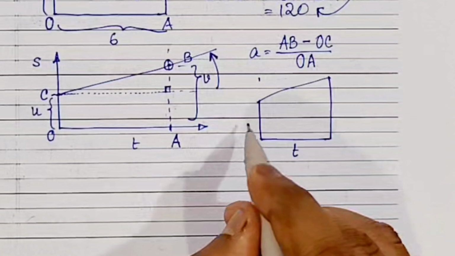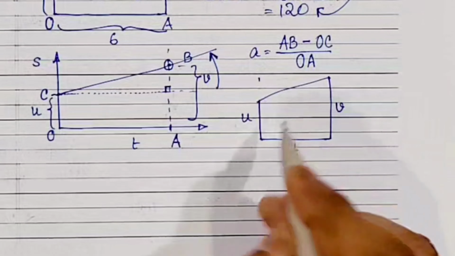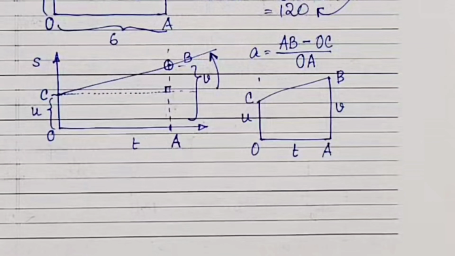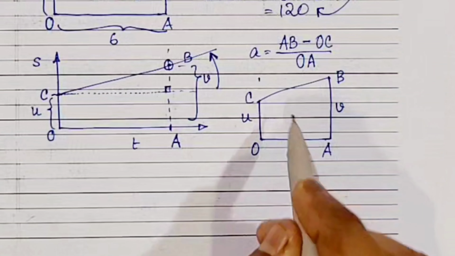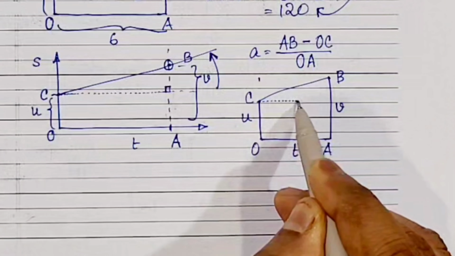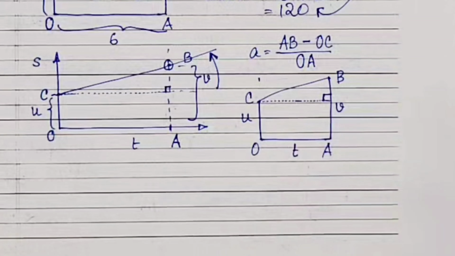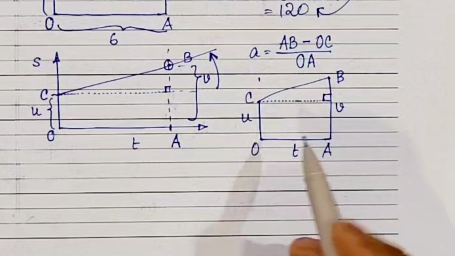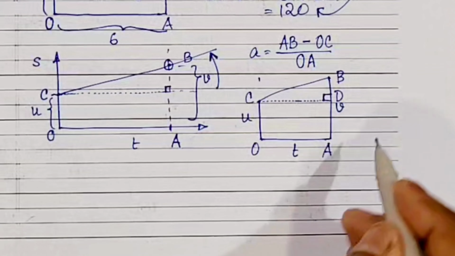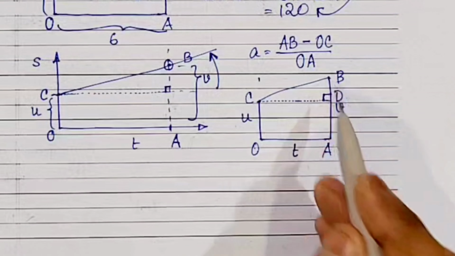This is T, this is U, this is V, there is a gradual change, so O, A, B, C. If I want to figure out the distance covered in this entire time, for easier calculation, let me drop a perpendicular here and divide this geometric figure into two different parts. Let's say this point is D. So now we find a rectangle OADC and a triangle CDB.